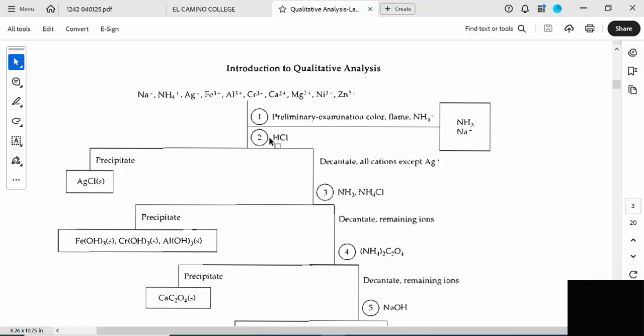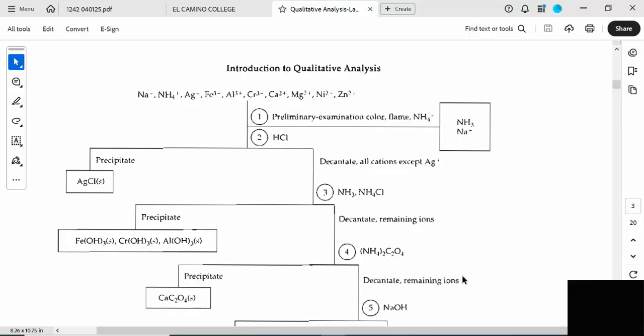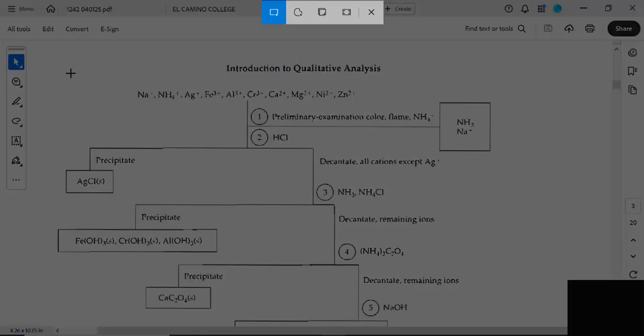And this is the way I would probably set it up. I would probably make a small copy of this and put it into my book. And then what I do is I'd talk about, our unknown contains these potential cations, sodium, ammonium, etc. Oops, that's not what I wanted here.